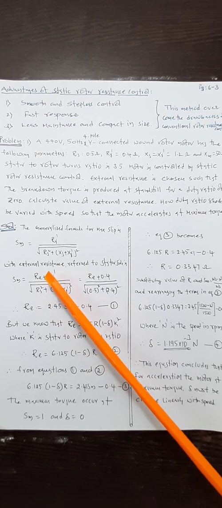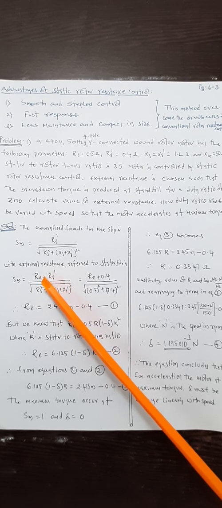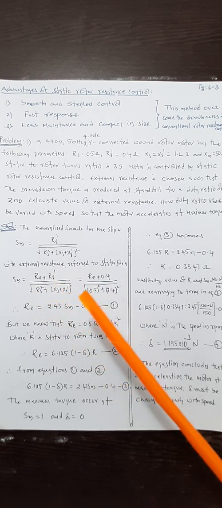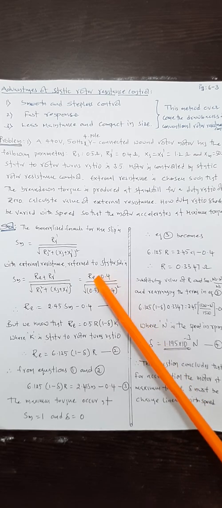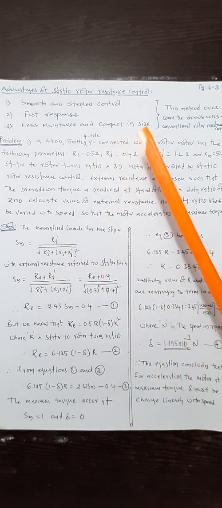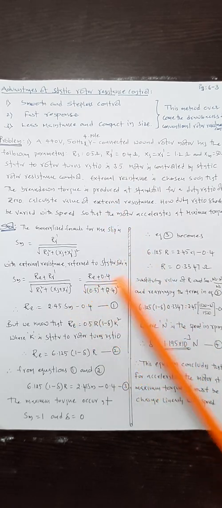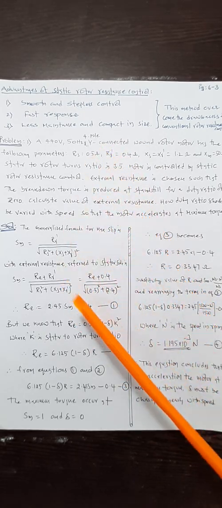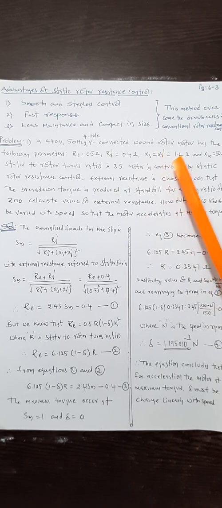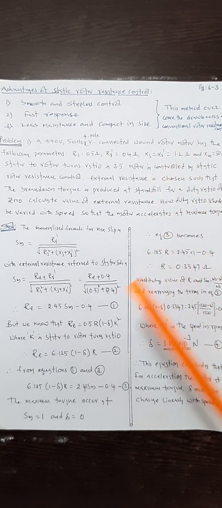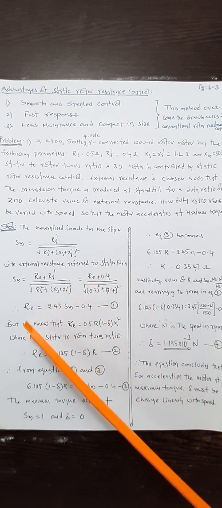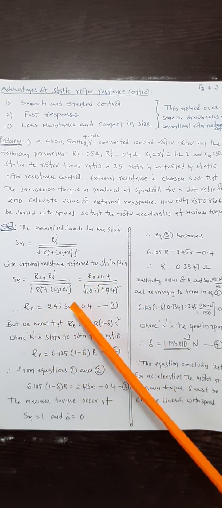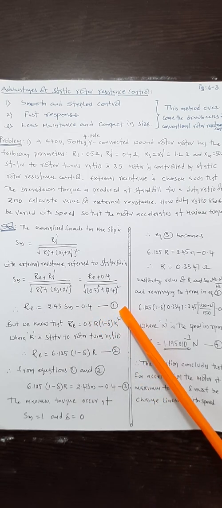Sm is equal to (Re plus Rr dash) divided by square root of Rs square plus (Xs plus Xr dash) whole square. So Re plus 0.4, because Rr dash is 0.4, divided by square root of (0.5) whole square plus (Xs plus Xr dash, 1.2 plus 1.2, which is 2.4) whole square. Simplifying this equation, Re is equal to 2.45 Sm minus 0.4. This is equation number 1.